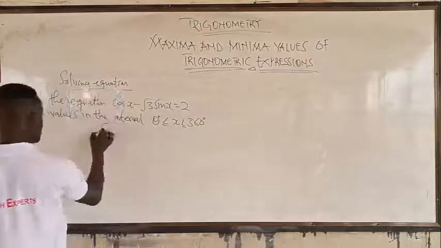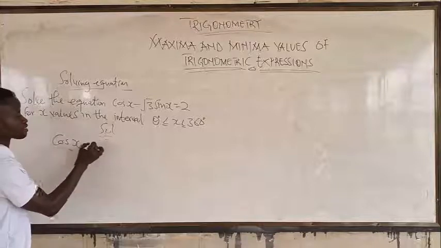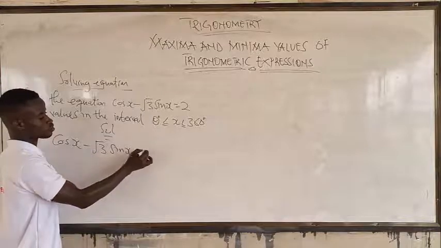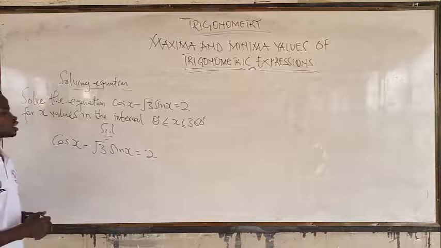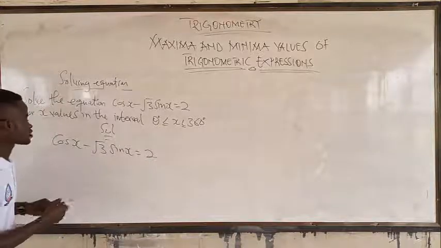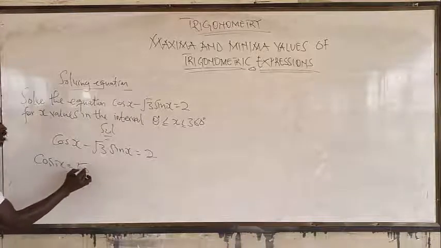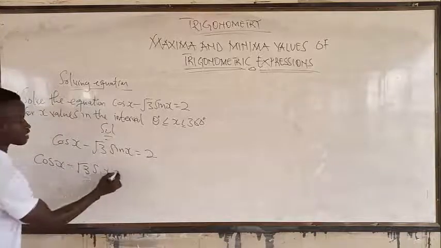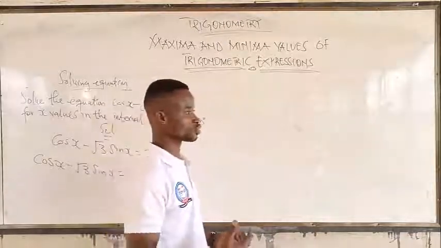Very good. So now, the first thing to do is to express cos S minus square root of 3 sin S in the form that we just talked about. We can't solve for this unless we express the left hand side in that form.